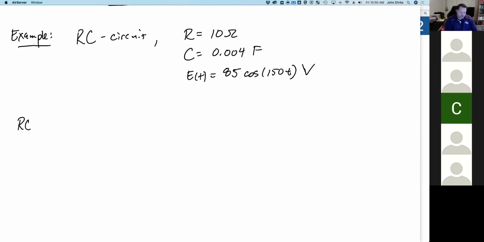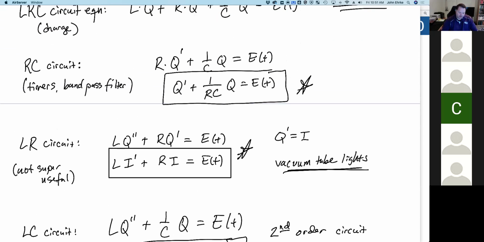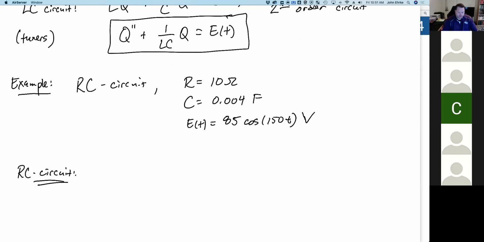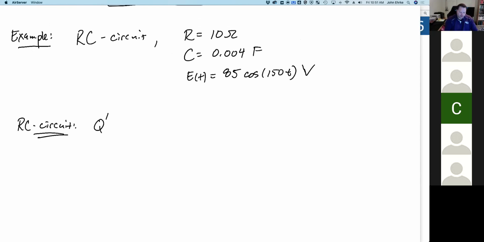We know that our RC circuit model is the one that we just derived together a second ago right here. So this is the model that we're using. So we know that we've got Q prime plus 1 over R times C, Q equals this.